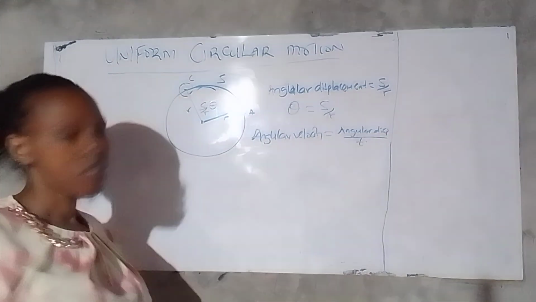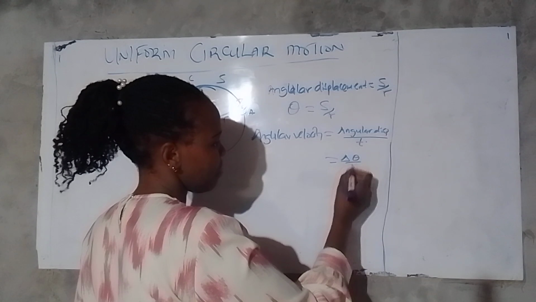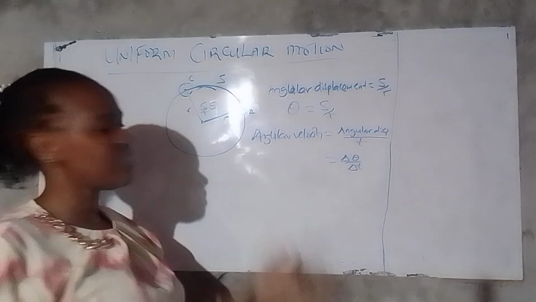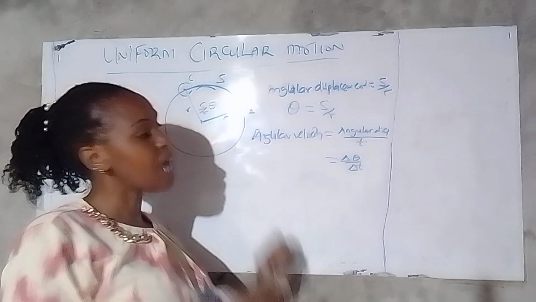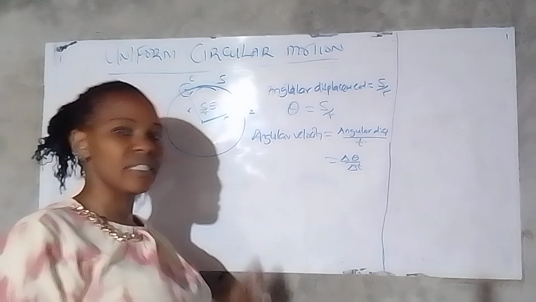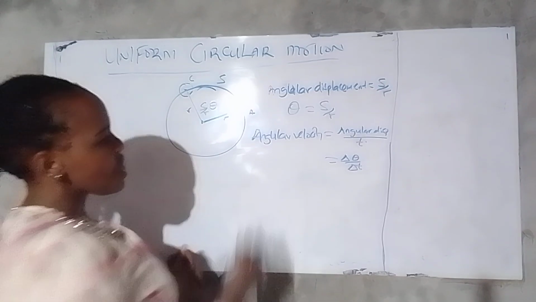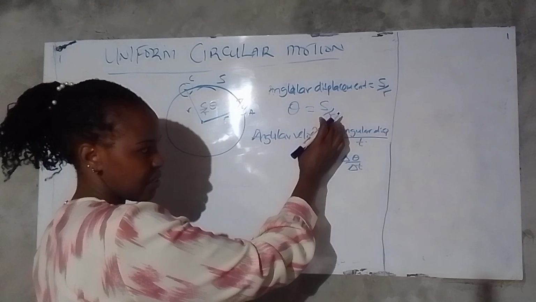So it is change in angular displacement over change in time. Delta means change in angular displacement divided by change in time.